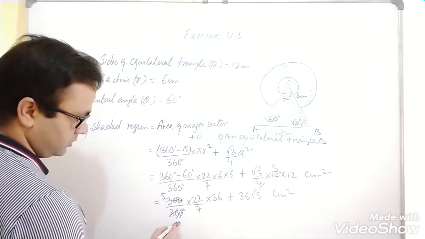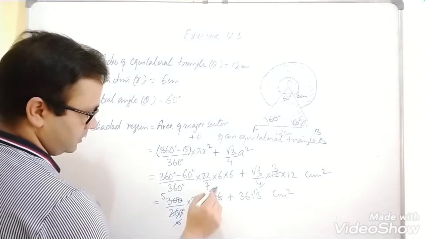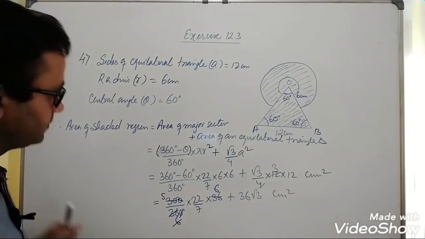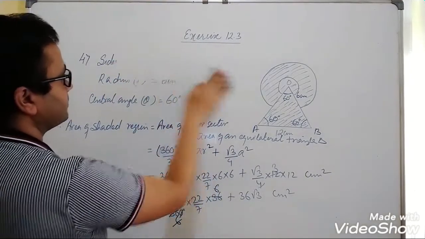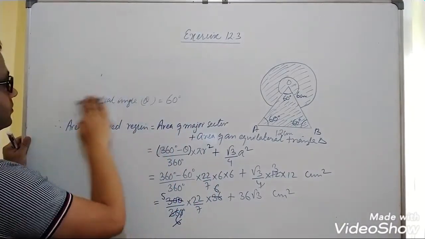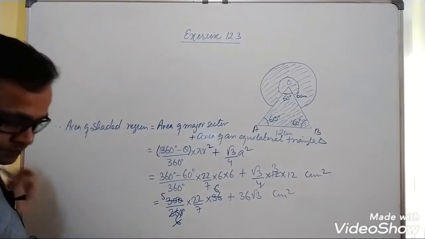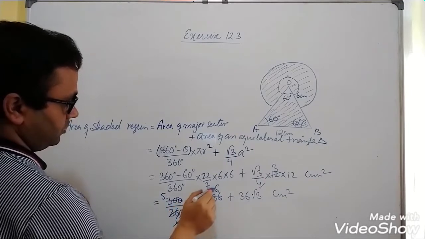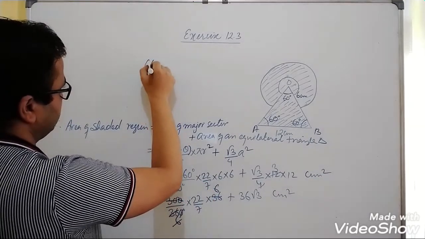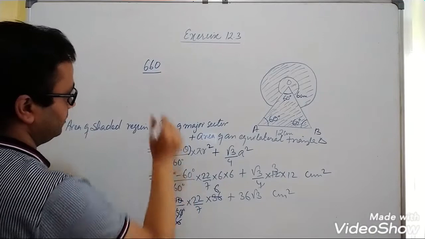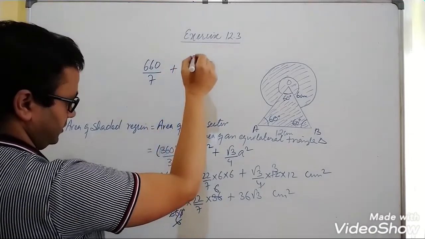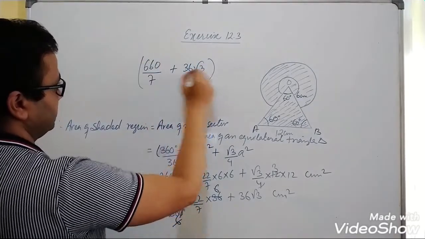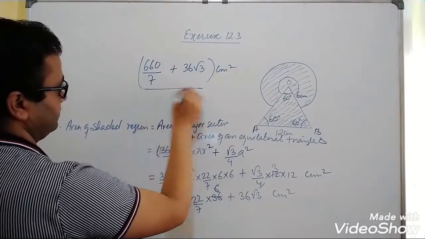Again we can cut: 6 ones are 6, 6 sixes are 36. So we will get 22 into 5 is 110, 110 into 6 is 660, divided by 7 in the denominator, plus 36 root 3 centimeter squared. Now this is the answer of question number 4.